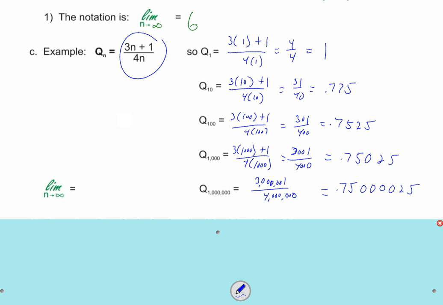Did that clarify your picture for you? Really? If you still don't know, do a bigger number. All right. If you guys don't know, we better do 10 million. 10 million would be 30,000,001 divided by 40 million.